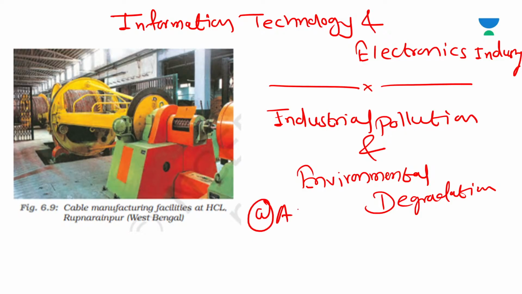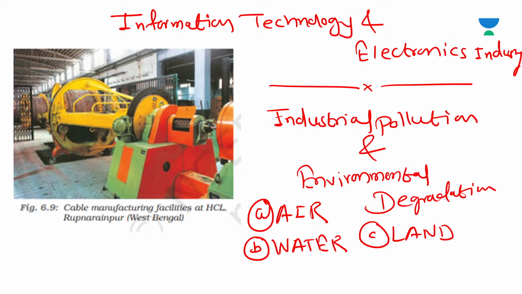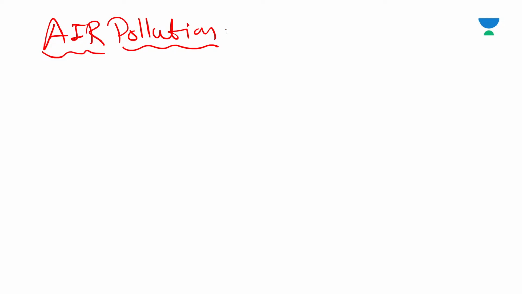One is air, then water, land, then the noise. So the polluting industries also include thermal power plants. So first we will discuss about air pollution.